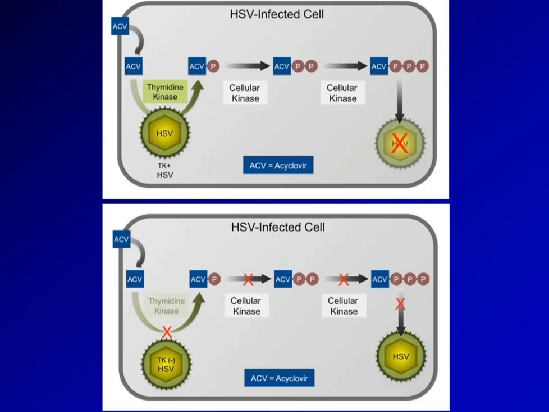Foscarnet does not require any kind of phosphorylation by the virus, which is why it works even when acyclovir compounds do not work. From the perspective of sending her home on acyclovir, you can think about this like with HIV, where you have a swarm of viruses with different types of genotypes and different types of resistance. They get archived over time.